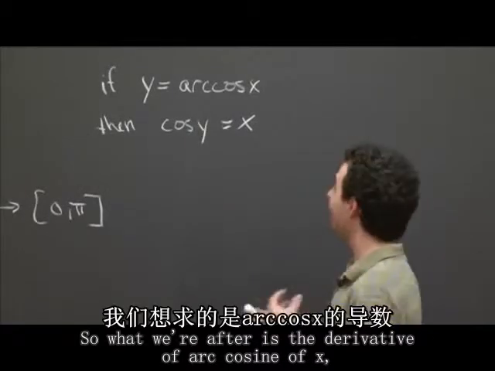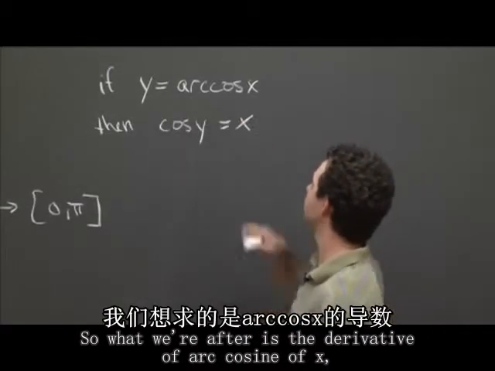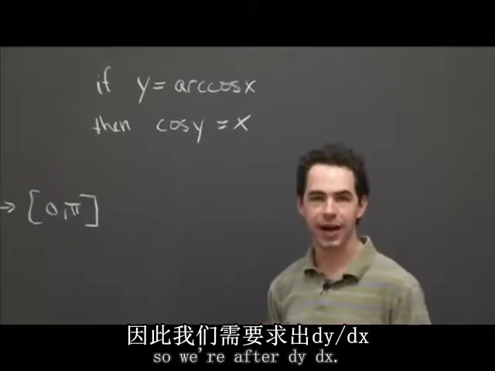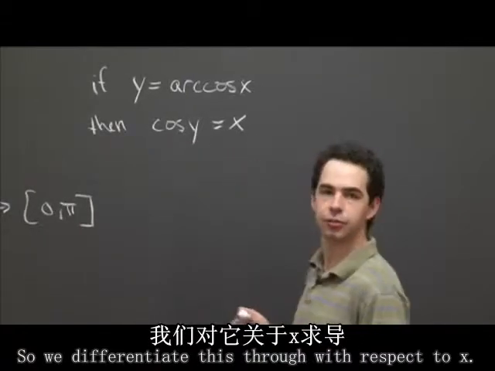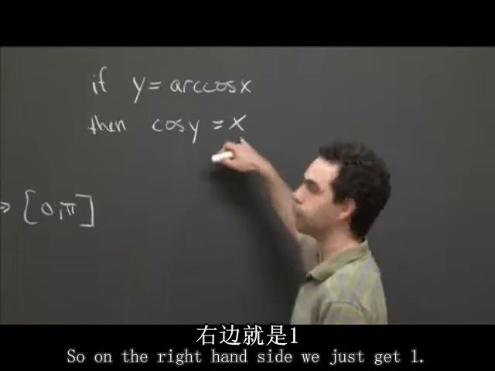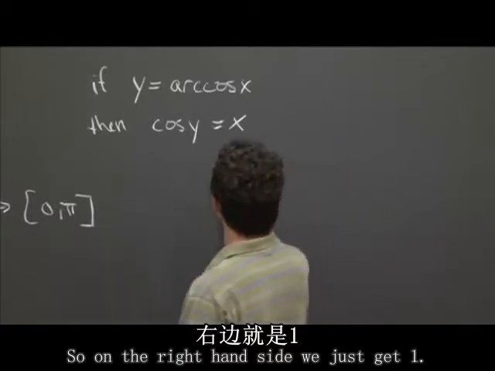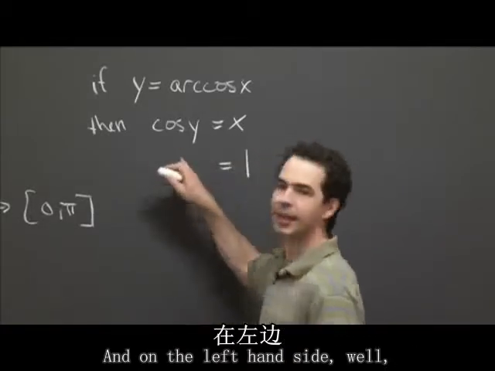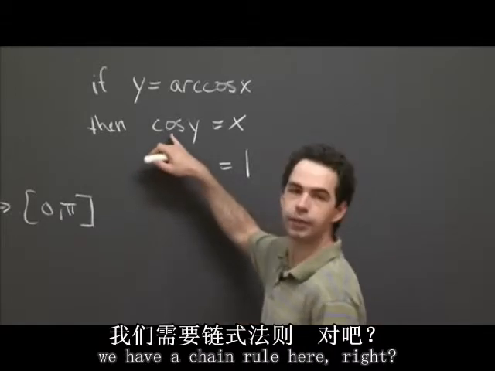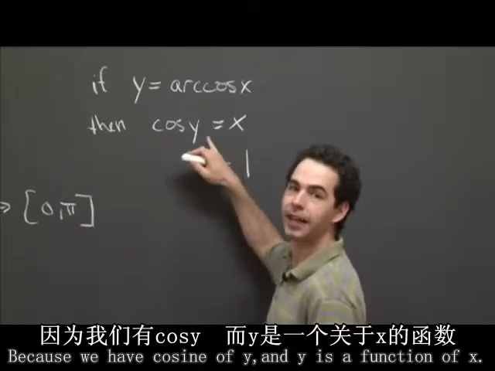And now we can differentiate. What we're after is the derivative of arc cosine of x, so we're after dy dx. So we differentiate this through with respect to x. On the right-hand side, we just get 1. And on the left-hand side, we have a chain rule here, right? Because we have cosine of y, and y is a function of x.